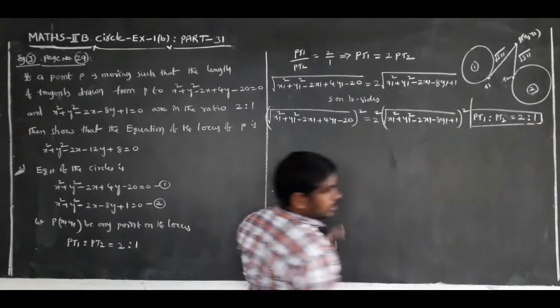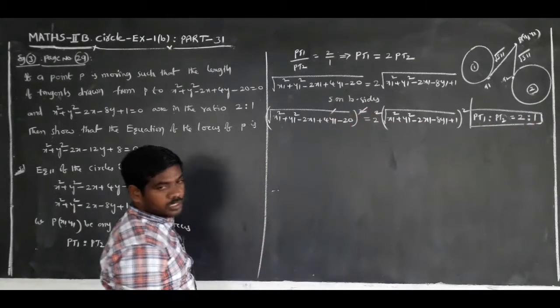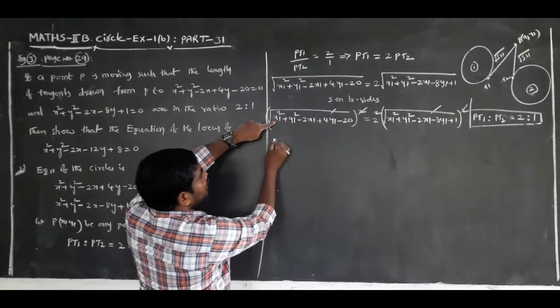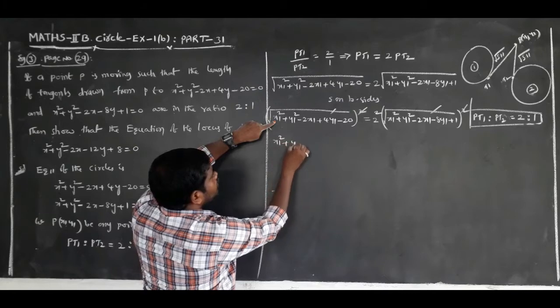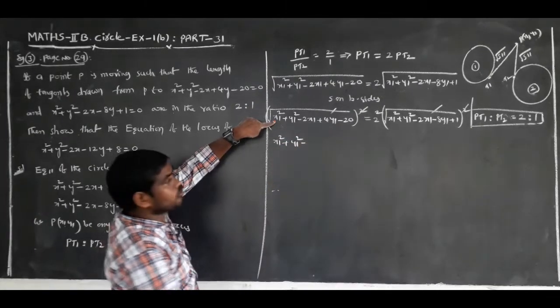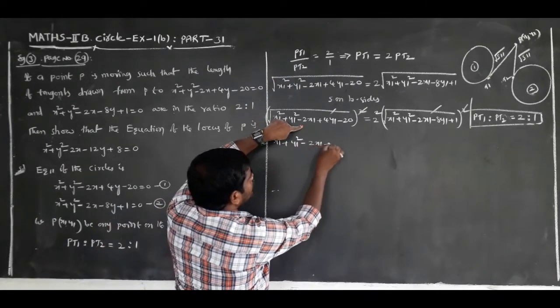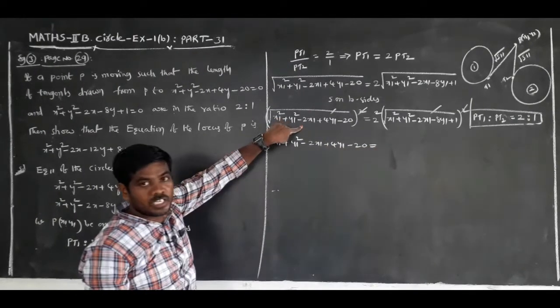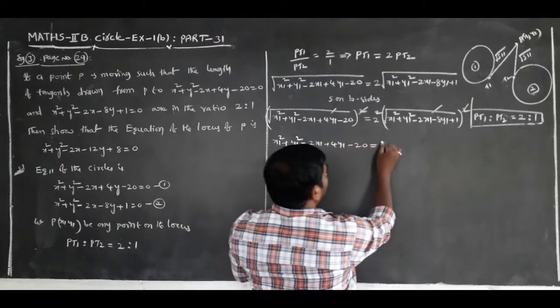Square root cancel. Remaining value: x1 square plus y1 square minus 2x1 plus 4y1 minus 20 is equal to 2 square.